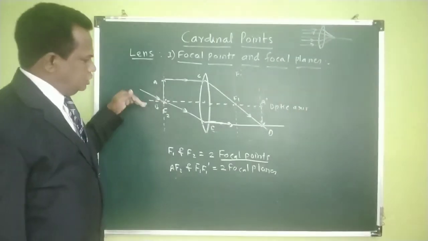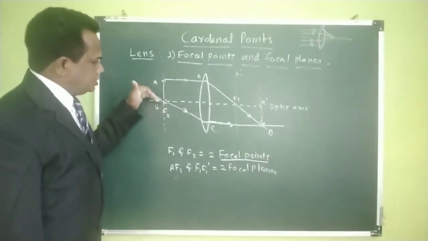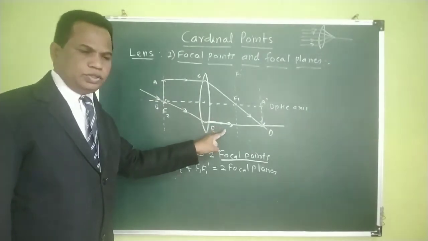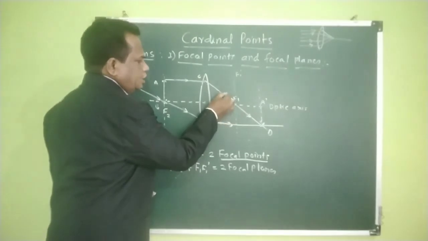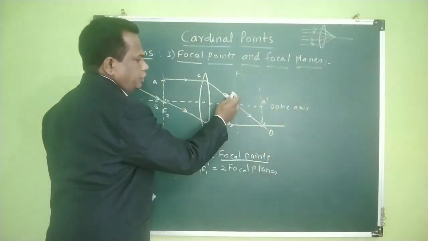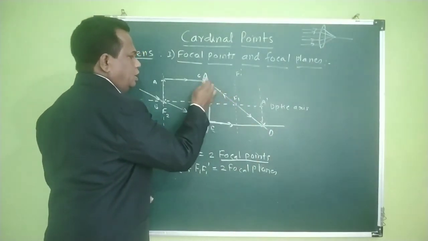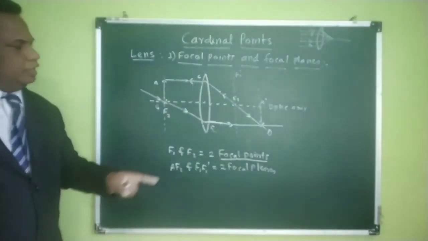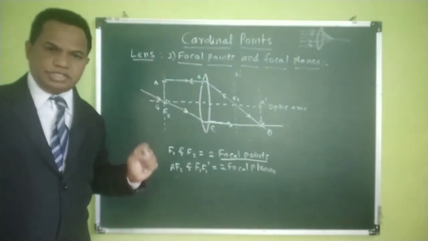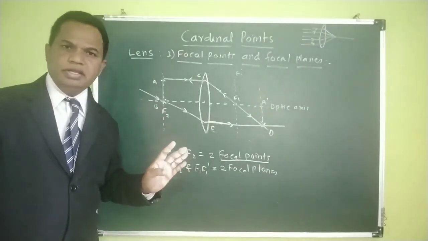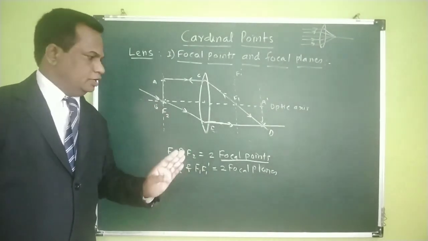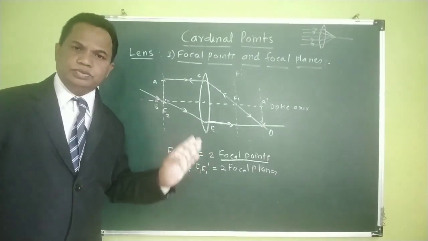In other words, if a ray passing through F2 goes parallel to the optic axis after refraction, and if the ray is reversed, then the ray passing through F1 after refraction goes parallel to the optic axis. This is the property of the two focal points. I think you may understand these properties of two focal points.